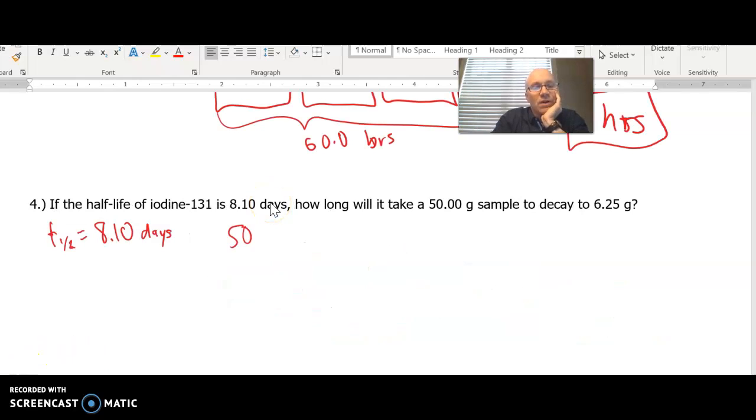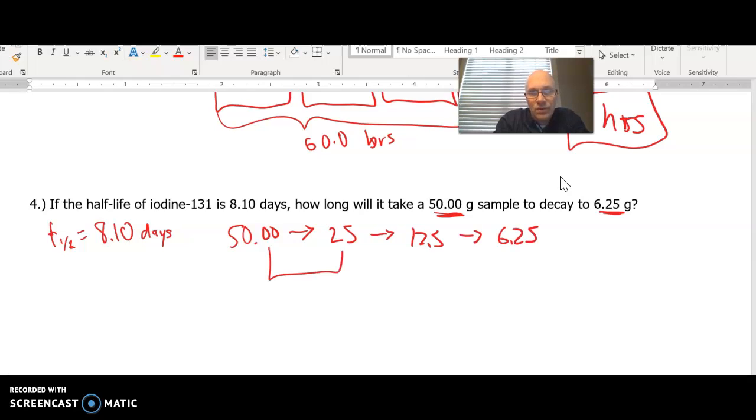So this next problem is a little different. It starts by telling you how long the half-life is. And then it asks you how long it would take you to get from a starting amount, which is this, to an ending amount, which would be this. All right, so let's see if we can figure out how many half-lives are involved in going from here to here. So you go from 50 to 25 to 12.5 to 6.25.